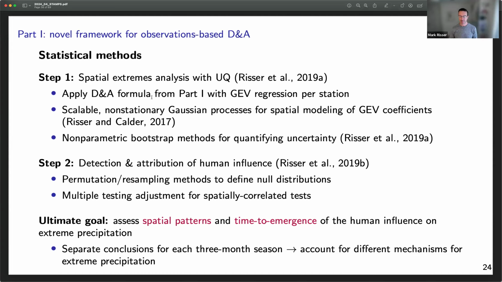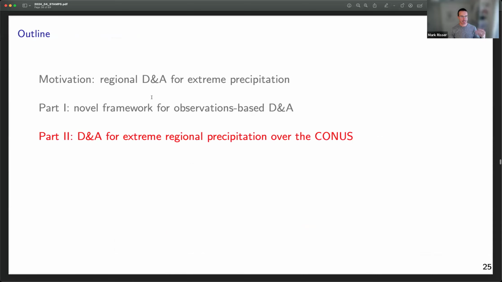In the summertime, if you live in the Midwest, you have a lot of convective precipitation, thunderstorms. In the late summer and fall, hurricanes and tropical cyclones are a big player. So looking at different parts of the year separately allows us to account for these different mechanisms, and also get at the fact that potentially these anthropogenic forcing agents are impacting the different types of precipitation events in different ways. So that's the extent of the methods that I wanted to talk about. Let's get on to some results.